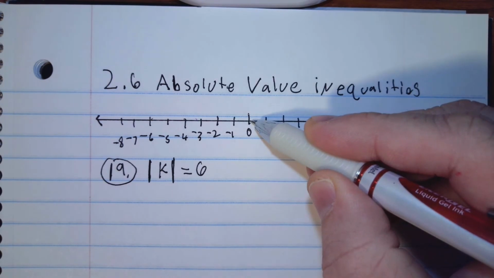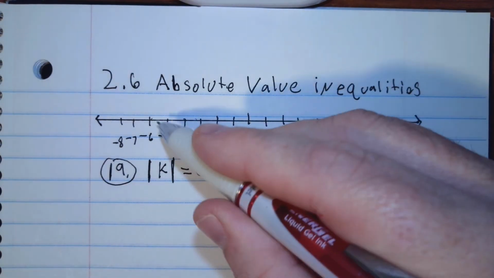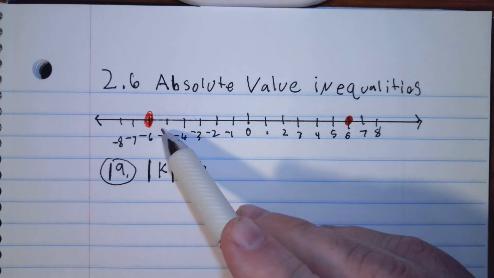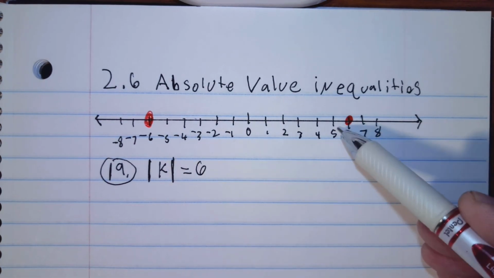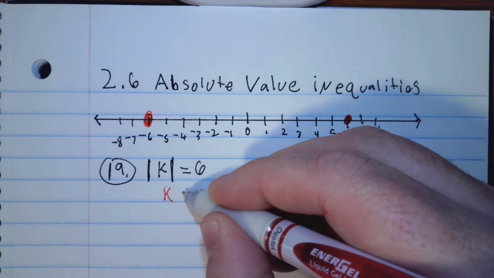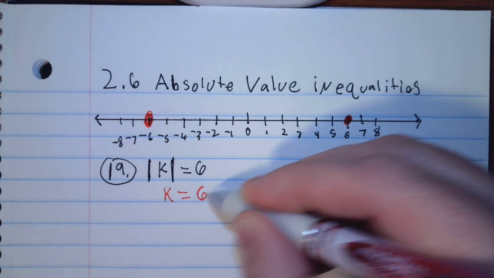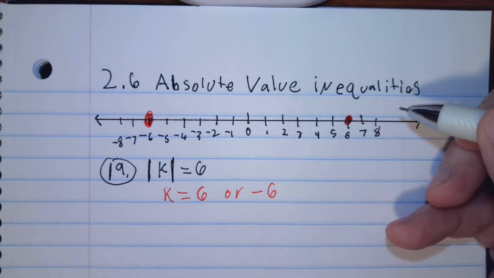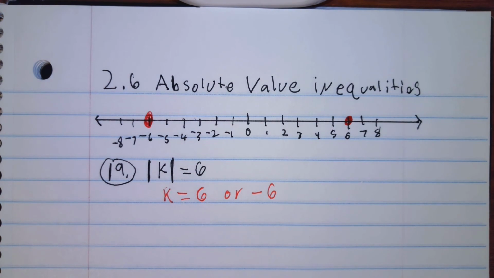That's the right way. 1, 2, 3, 4, 5, 6. That is the left way. This is not an inequality, so we won't have any coloring in between. This answer is going to be either 6 or negative 6. All right, so just remember how to do that. Let's go to a more difficult problem.